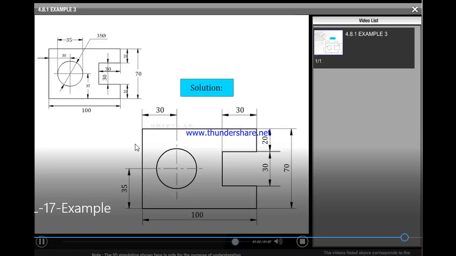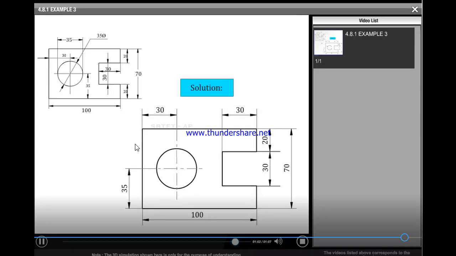Now let us observe. The dimensions are like 35, and 35 is the middle of that representation, and one more, that diameter is 30, meaning the radius is 30. From there you have to identify how they are to be placed.